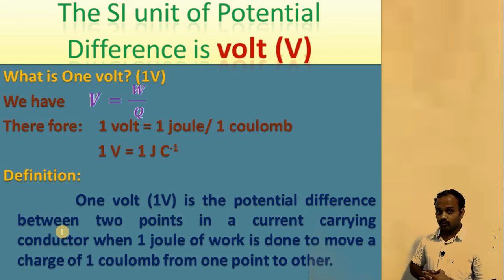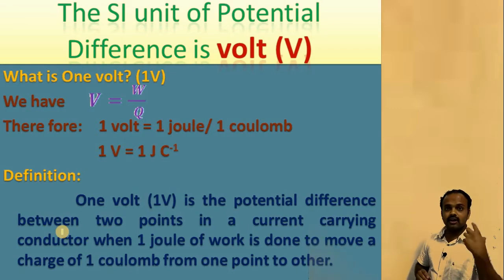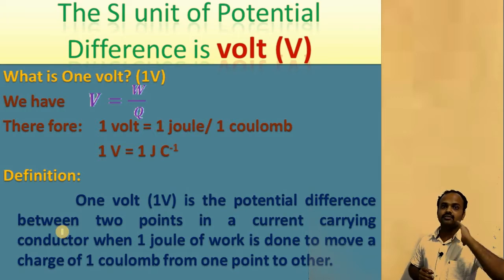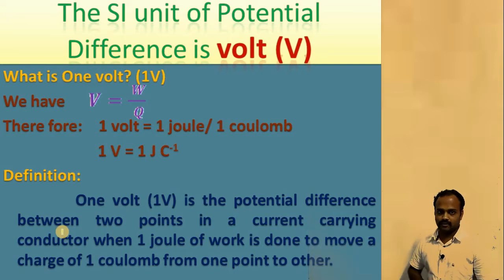Then what is 1 volt? We define 1 volt as the potential difference across the ends of a conductor carrying current when 1 joule of work is done in moving 1 coulomb of charge from one point to another point.